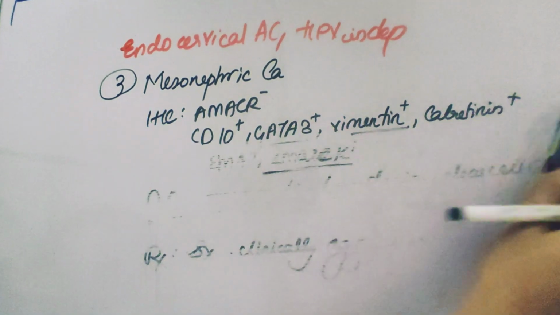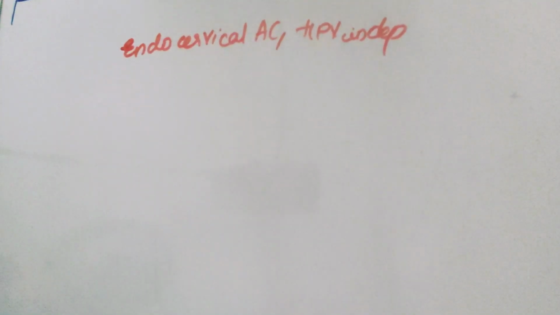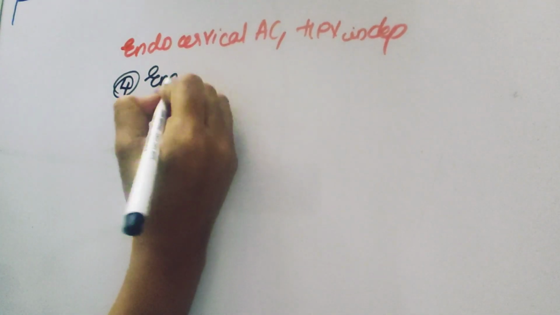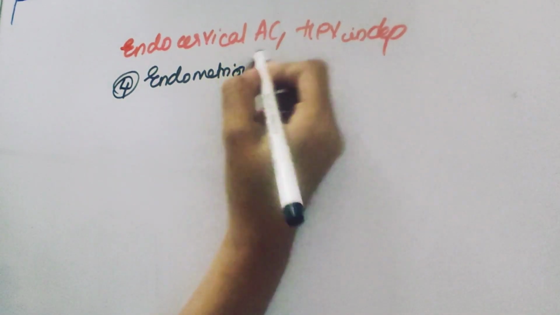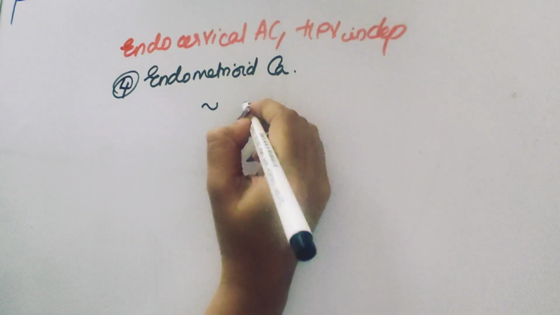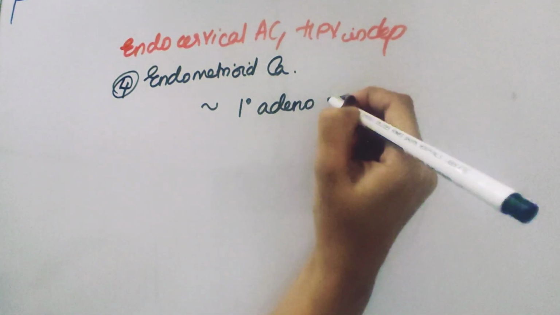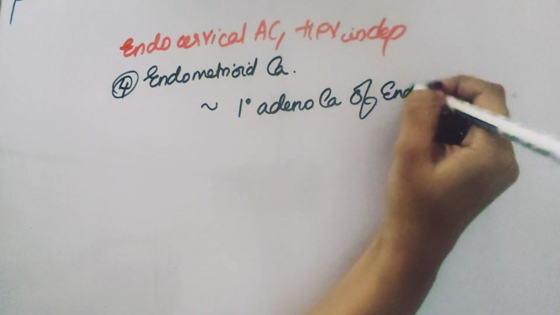Now we'll come to the last type of the cervical adenocarcinoma, HPV independent, that is the endometrioid type. Why is it called endometrioid? Because it is similar to the primary adenocarcinoma of the uterine corpus, that is the endometrium.